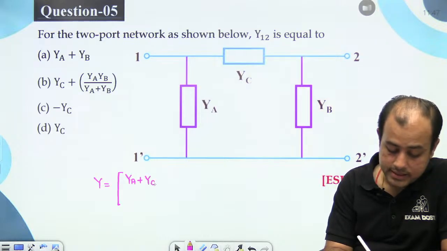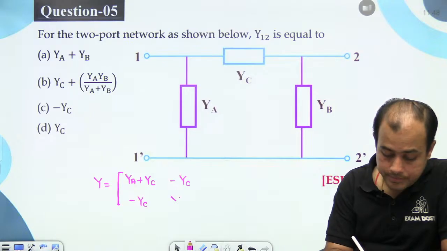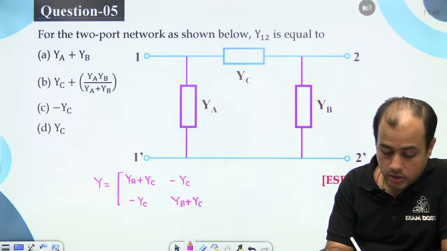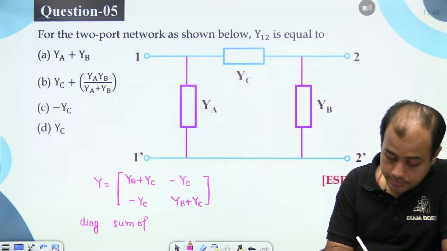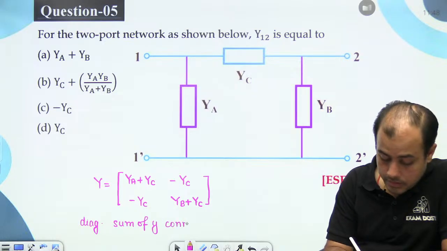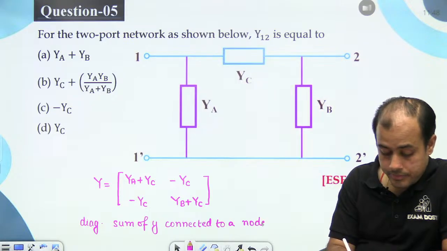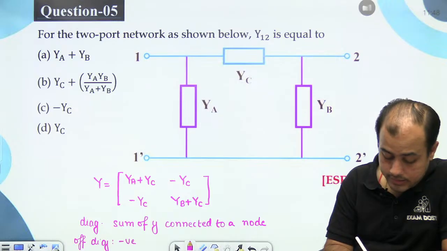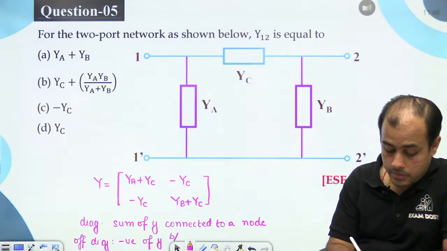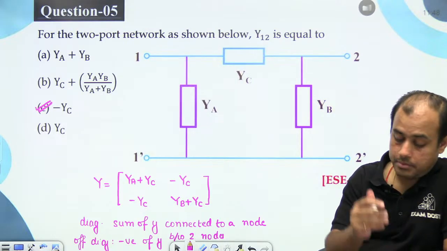Diagonal elements are the sum of admittances connected to a node, and off-diagonal elements are the negative of the admittance between two nodes. So it is C, minus YC.